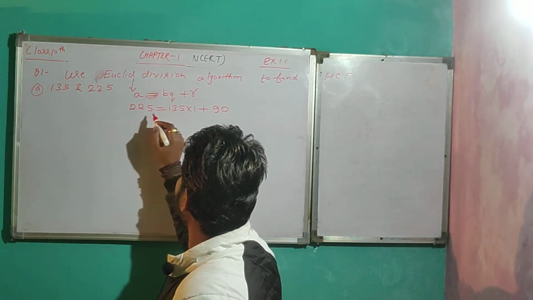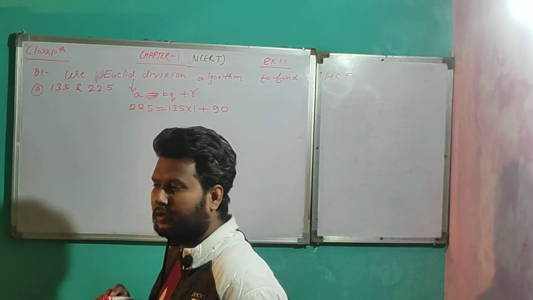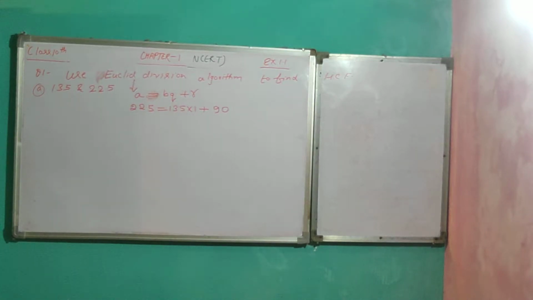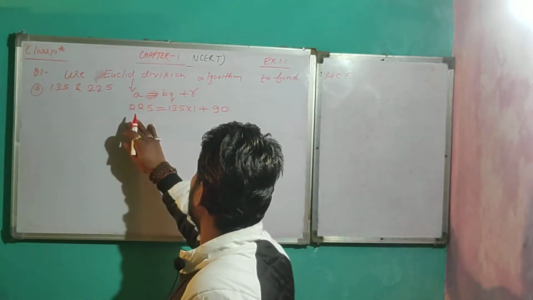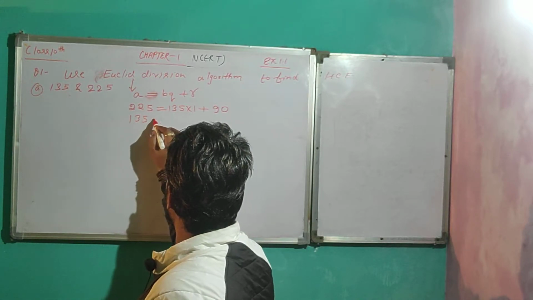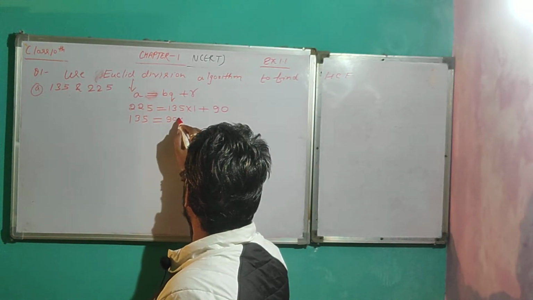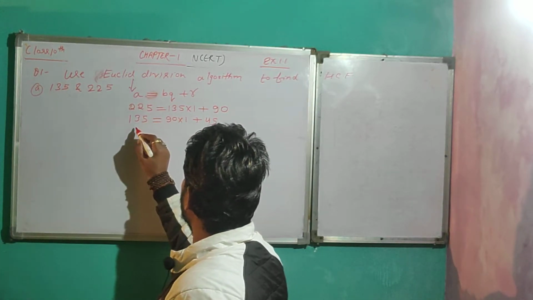Now replacing the value of A from 225 to 135. Therefore, 135 is equal to 90 into 1 plus 45.